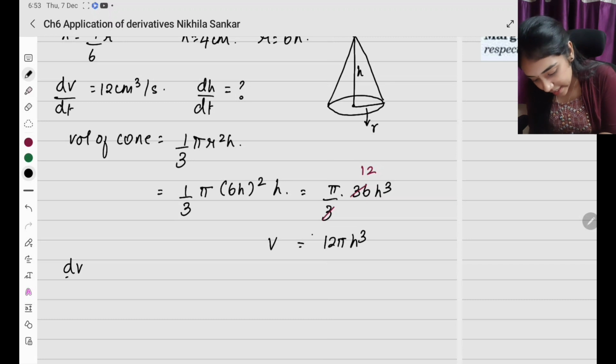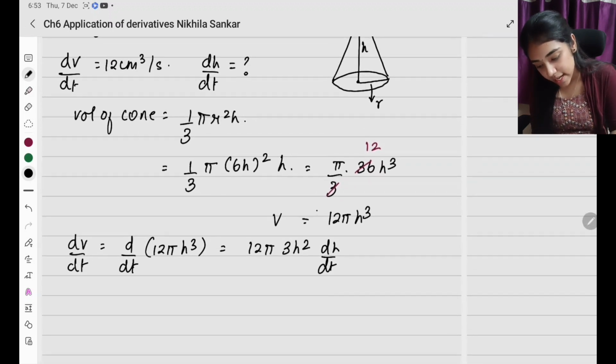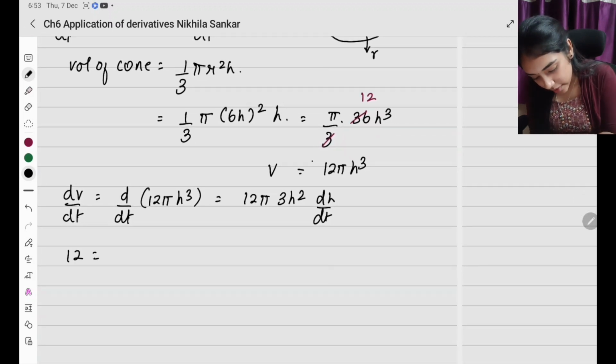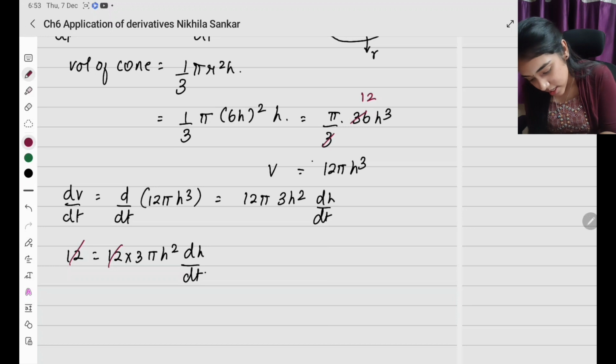Now, dV by dt is going to be d by dt of 12 pi h cube, which is going to be 12 pi is a constant, 3h square times dh divided by dt, and this value is given to be 12. So I have 12 equals 12 3s are 36, 36 pi h square times dh divided by dt. Let me not multiply, I'll have it as 12 into 3. So with 12 into 3, I can cancel the 12 and the 12.